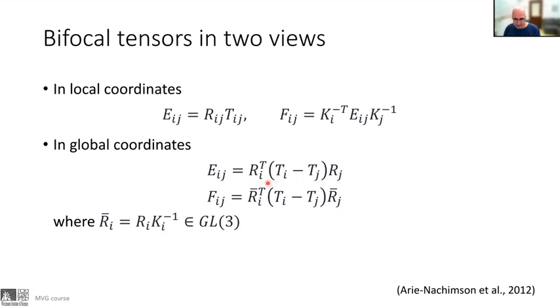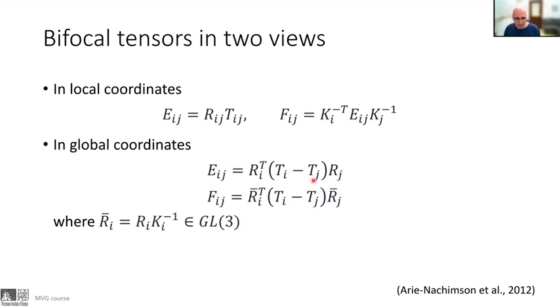And you can see also that if now I write Eij in the coordinate system of camera j, for example, what will happen then? Rj is the identity, right? Because we are in the coordinate system of camera j.